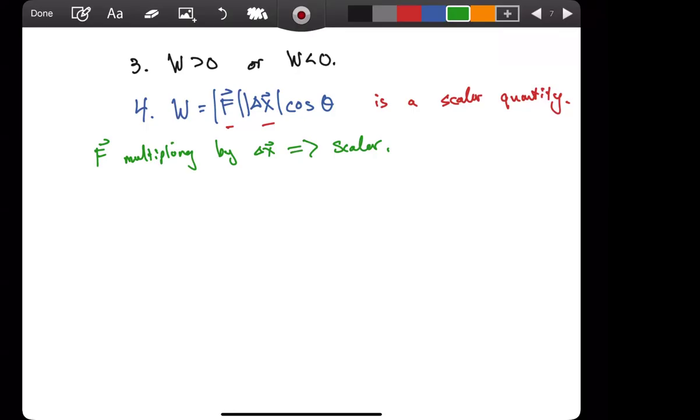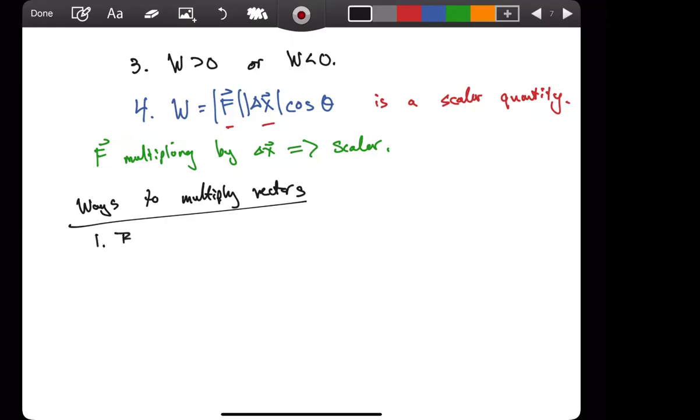So this brings up the second way of multiplying vectors. Back in the day, when we were talking about vectors in general, we said that there are 3 ways to multiply a vector. So let's do it this way. Ways to multiply vectors. The first case was what? Multiplying by a scalar. We talked at length about what that did.